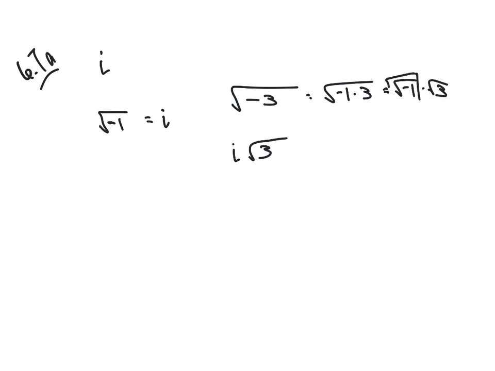And if the square root of -1 is I, then I just write I, and I have the square root of 3 left over. So the square root of -3 is I square root of 3.